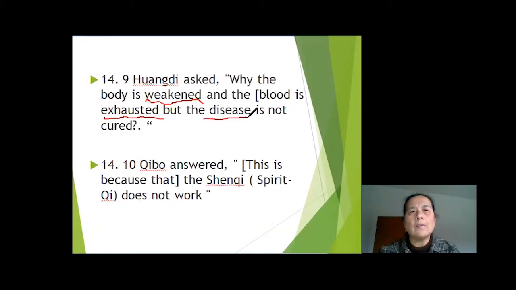And the illness is not able to be cured, or whatever kind of treatment we use, the illness is not cured. Why? Qibo answers, that's because 神气, which means spirit qi, is not working.